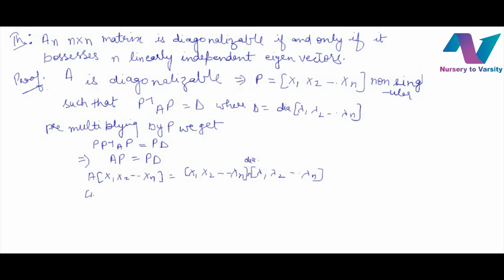This can be written as Ax1, Ax2 up to Axn. We can multiply inside, and this is equal to lambda 1 x1, lambda 2 x2, and so on, lambda n xn. Or we can write it here, Ax1 is equal to lambda 1 x1 up to Axn is equal to lambda n xn.